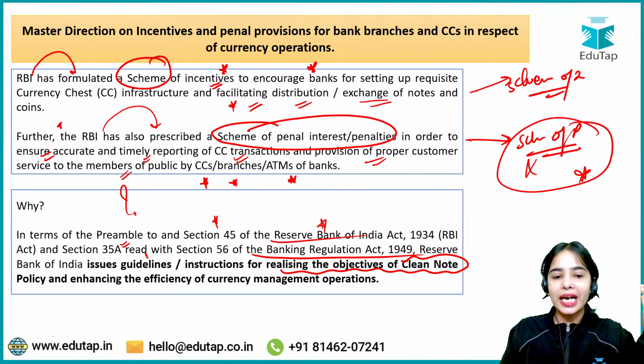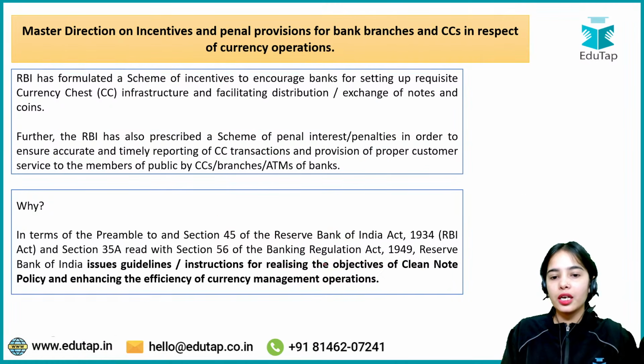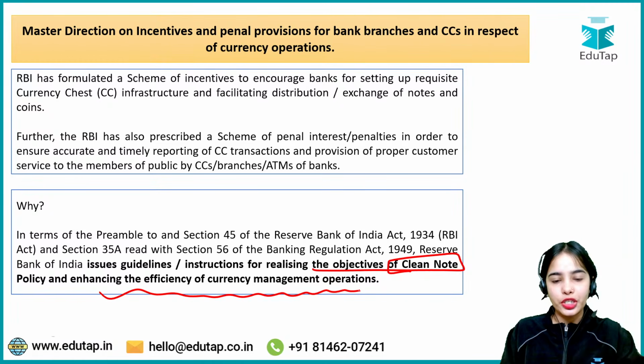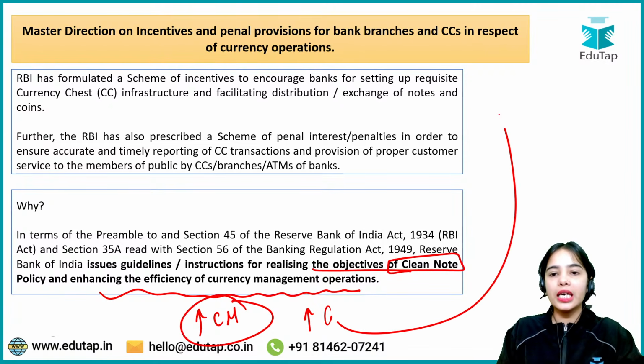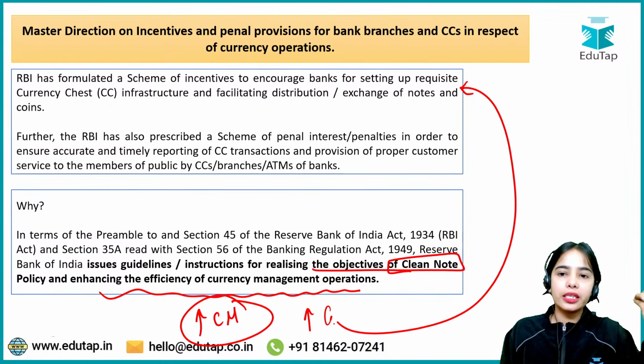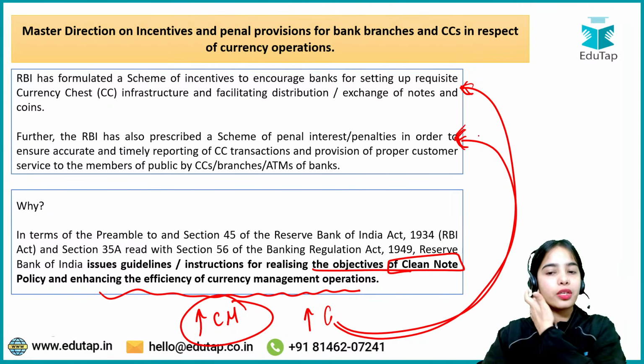So RBI issues guidelines, instructions for realizing the objective of clean note policy and enhancing the efficiency of currency management operations. So to enhance the efficiency of currency management, to realize the objective of clean note policy, the RBI has released the scheme of incentives and the scheme of penalties. Okay, so this is the idea.